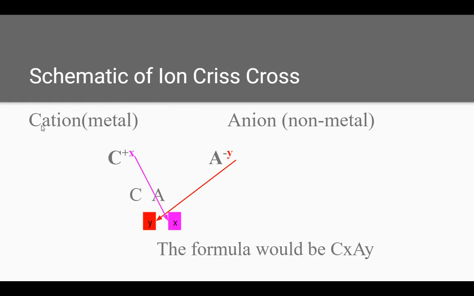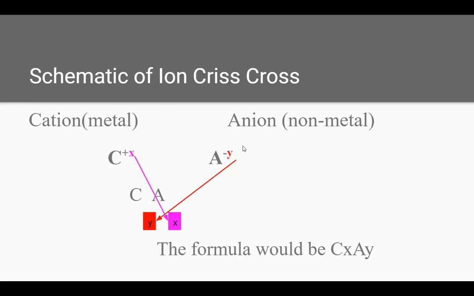Let's pretend that we have a metal cation, which I'm going to symbolize with the symbol C, and a non-metal anion, which I'm going to symbolize with the letter A. The cation C has a charge of positive X. The anion has a charge of -Y.